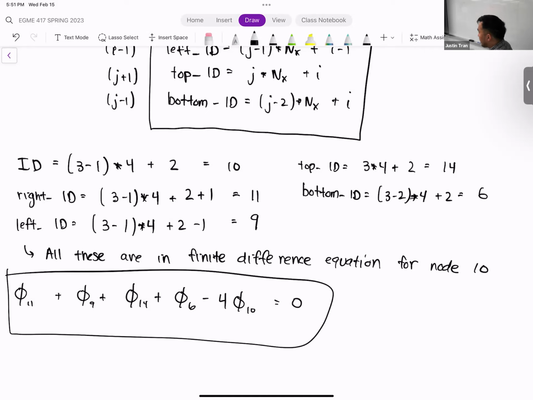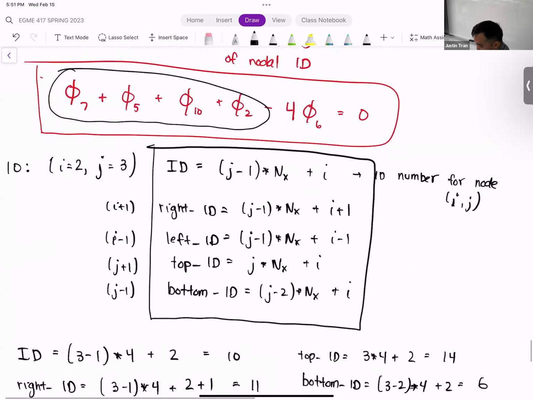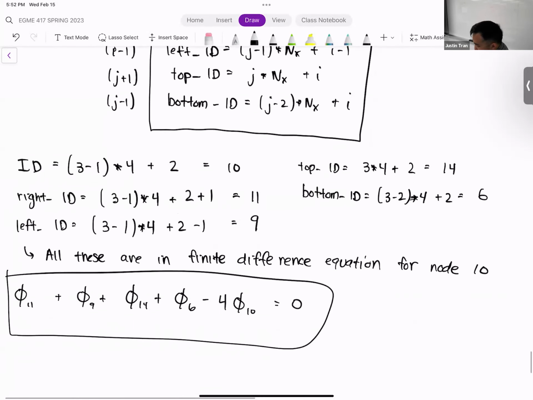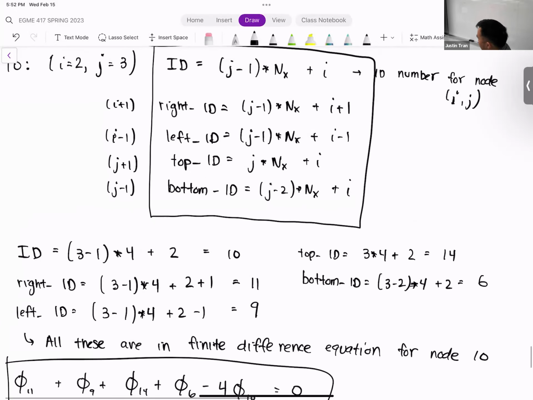So that's the basics of how we apply the finite difference formula. We saw 2 different ways here. When we did node 6, we did the visual way, where you can just look at the domain. I think that's a good way when you're first building intuition. But when you're writing the code, you're going to have to trust the equations and the algorithms.